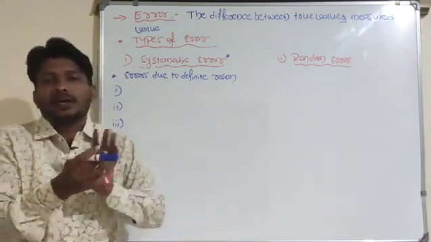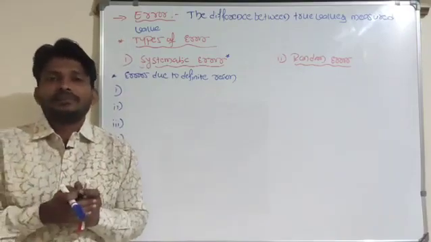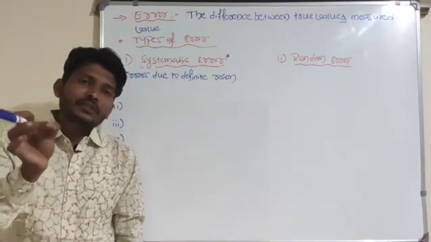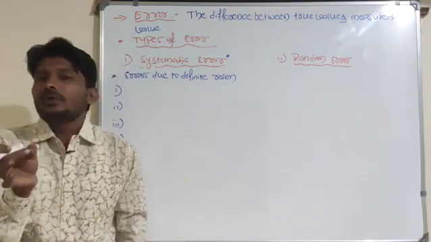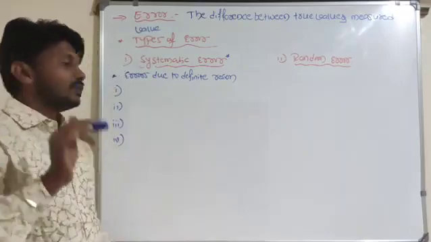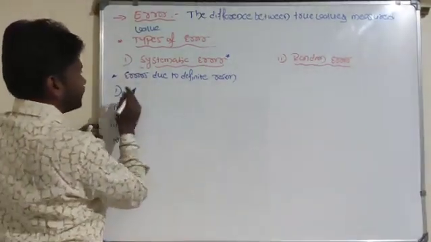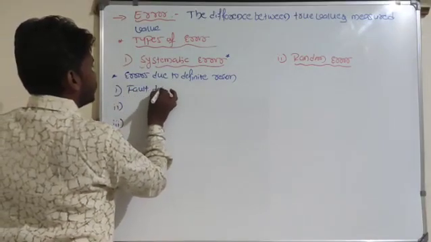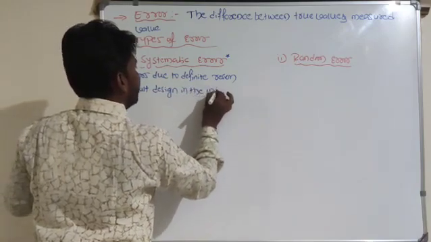While measuring a physical quantity we use instruments, and if the instrument itself has a fault, then due to the faulty design of the instrument you will get errors. That belongs to systematic error. So the first type I can consider is fault design in the instrument.